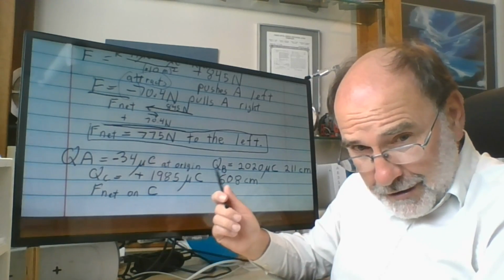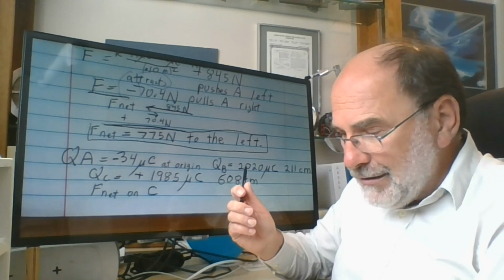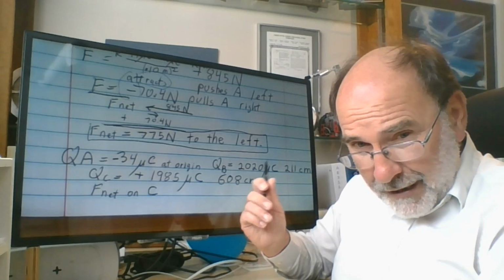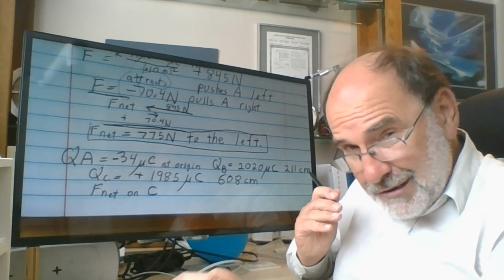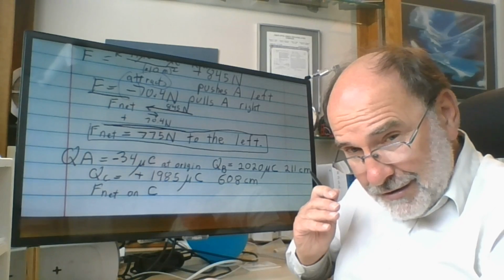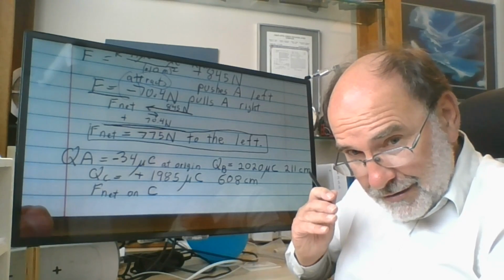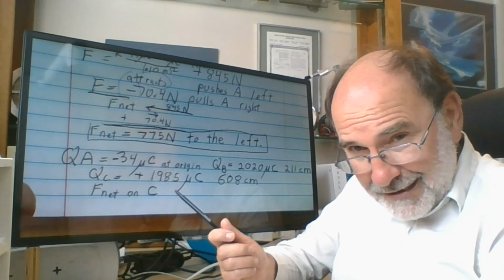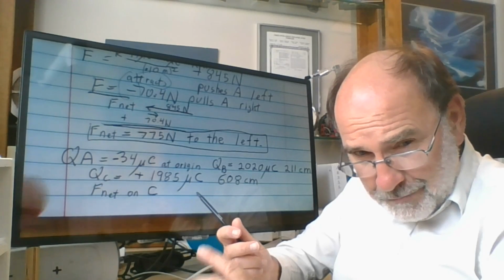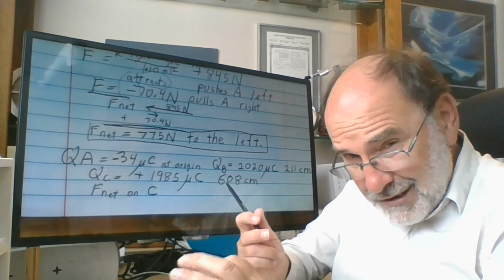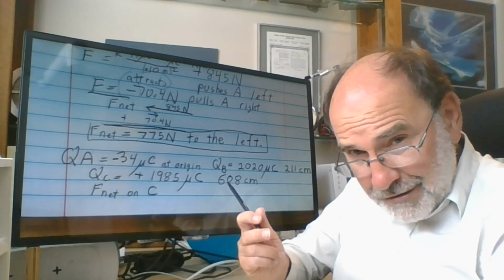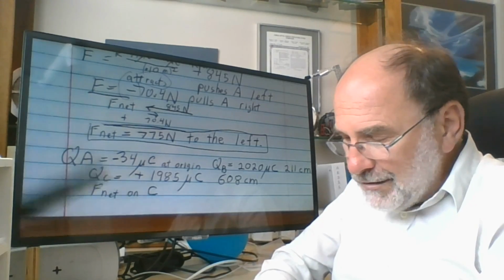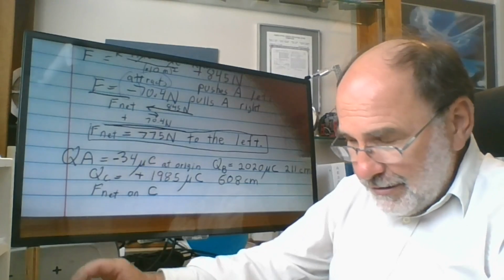Charge B is a positive 2020 microcoulombs, yay seniors, and it's at position 211 centimeters along the x-axis. And charge C has a charge of 1985 microcoulombs. It's also positive, and it's at position 608 centimeters along the positive x-axis. Calculate, please, what is the net force acting on charge C?